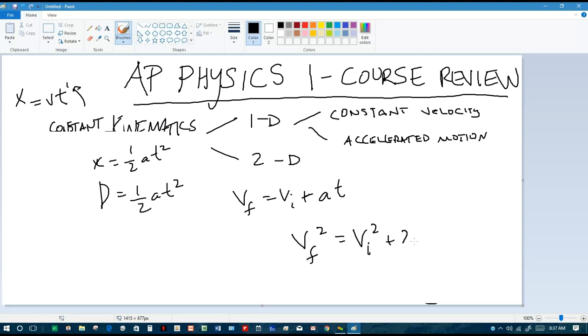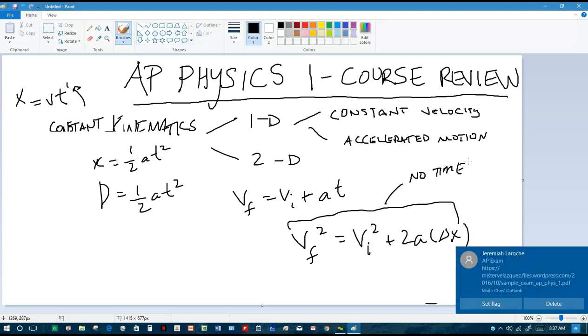The very last one is V final squared equals V initial squared plus 2a delta x. Remember that one? So that one is the only one that doesn't have time, and that turns out to be very useful. Whenever you read a problem that has something to do with kinematics, the first thing you should ask yourself is, was time mentioned at all? Did they give me time, or did they ask me to solve for time?